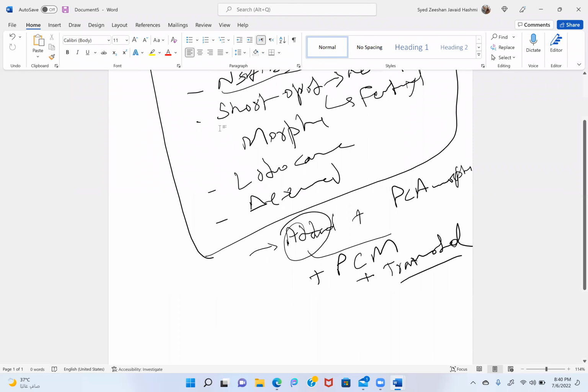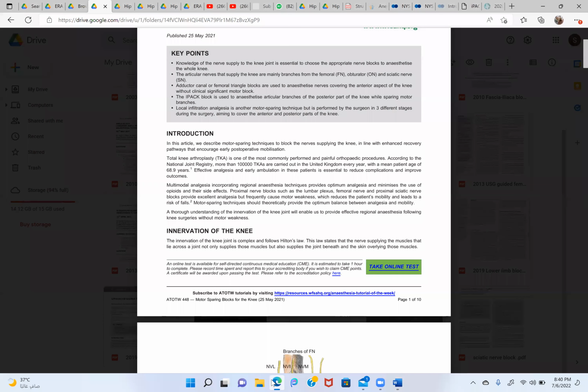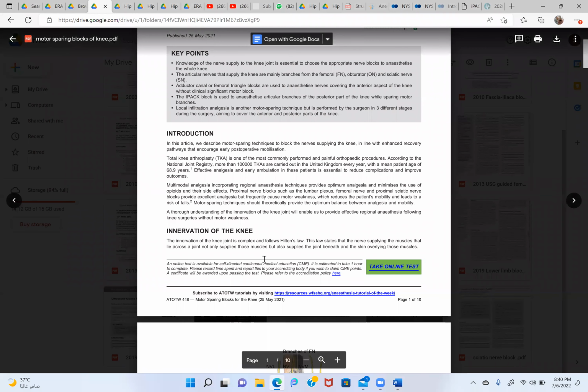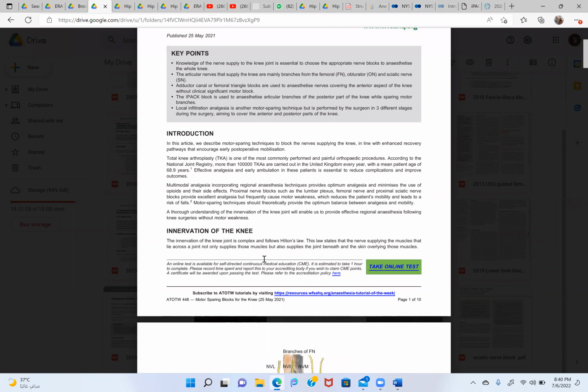So this may be one of the plans. They have recently introduced some blocks, which I have never done myself, but I just read about them, and maybe they are giving some superiority.